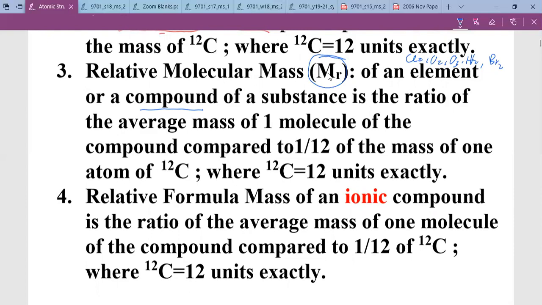It doesn't really matter, but I prefer to use molecular mass for covalent compounds. When you say relative formula mass, you can use it for both, okay?